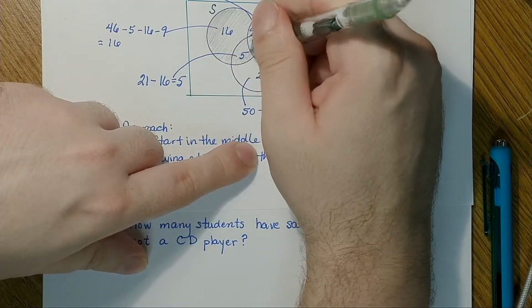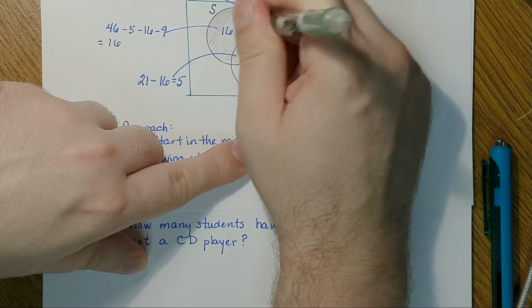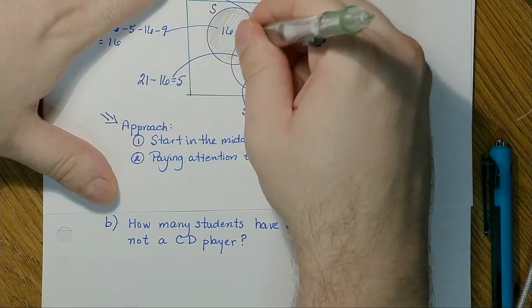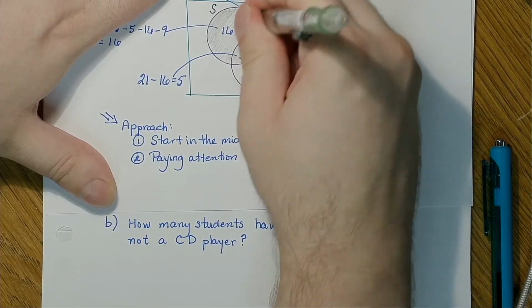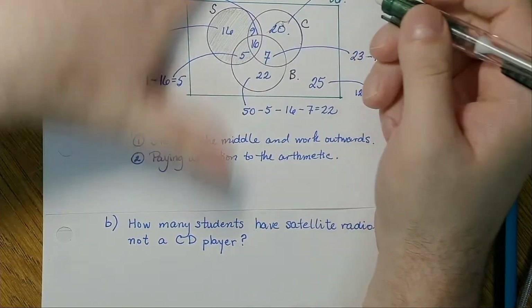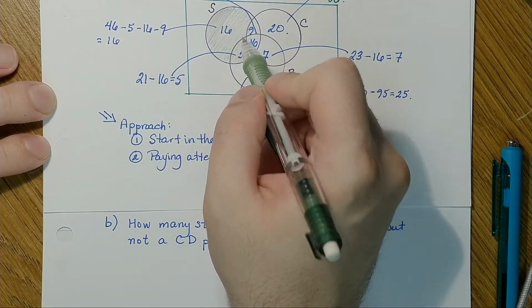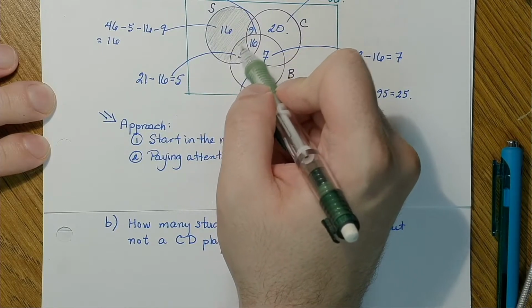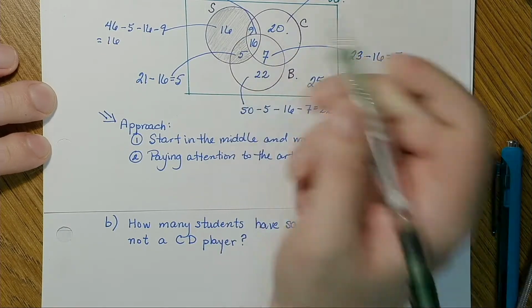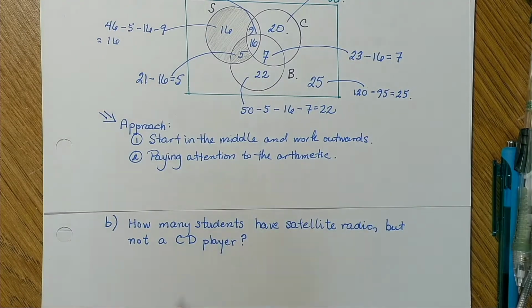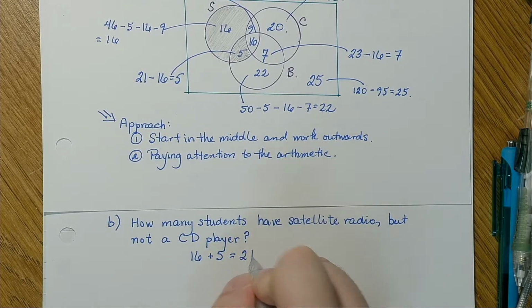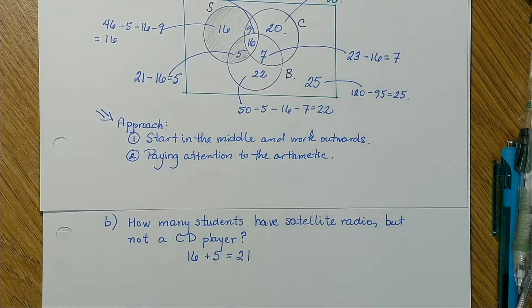So we can erase anything that the set C is touching. So that leaves us with just the 16 and the 5. So it's just this area and right through here as well. So you would say it's 16 plus 5, which should be 21.